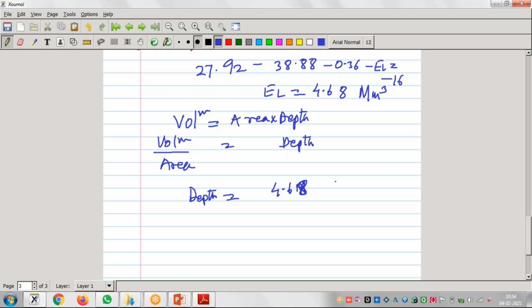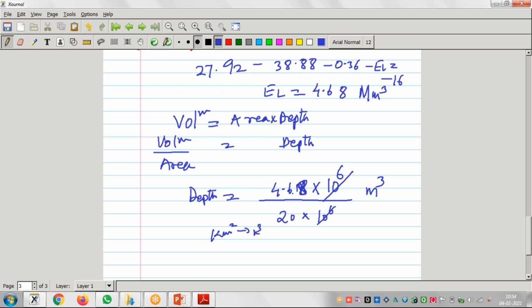Now here volume we got is 4.68 million meter cube. So I will convert it again into meter cube by multiplying by 10 to the power 6, then divide by area. Area is 20 kilometer square, so 20 into, if I convert kilometer square into meter square, I multiply by 10 to the power 6, right?